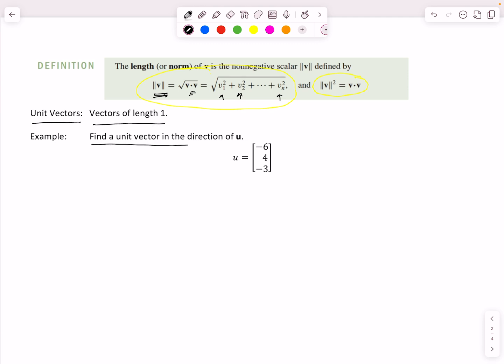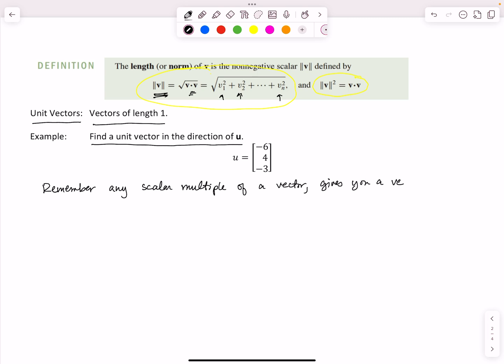And to find a unit vector in the direction of u, remember, any positive scalar multiple of a vector gives you a vector in the same direction as that vector.